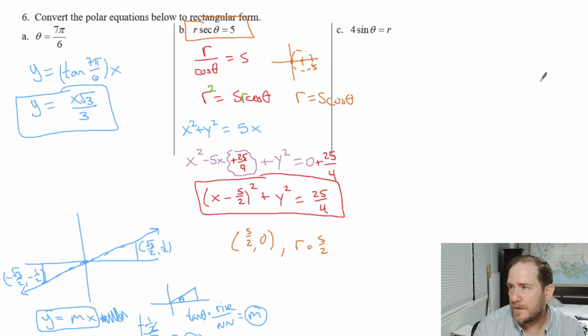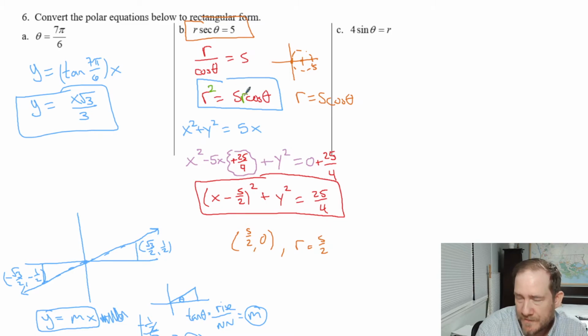Okay, so C is now the same exact deal. C is like the easier version of B, because for part B you had to do the legwork to get to this step and then realize you could multiply through by r. Here you're already there, so we can see that we just want to multiply through by r again, and we would get 4r sine theta, which is 4y. That equals r squared, which becomes x squared plus y squared.